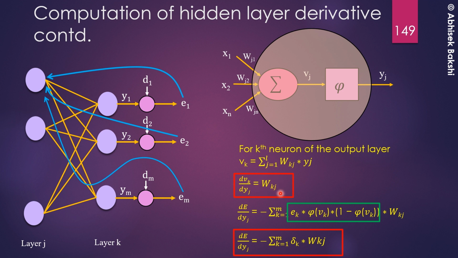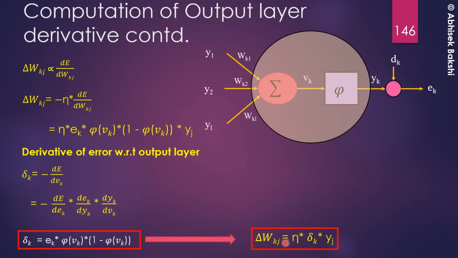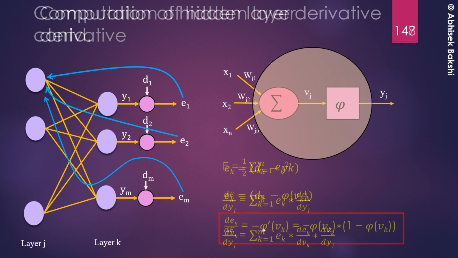Now this ek into phi of vk into 1 minus phi of vk already has a special name. What is the special name? Let's go back again to check that. The special name is delta k, which you have already calculated, ek phi of vk (1 minus phi of vk). So that came back here.